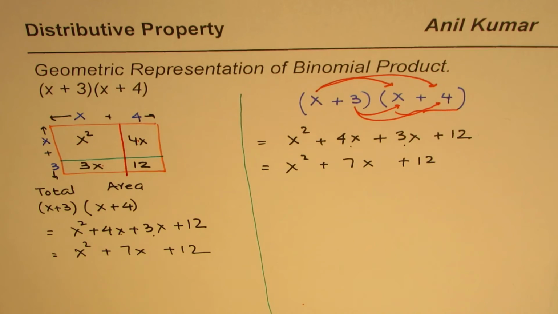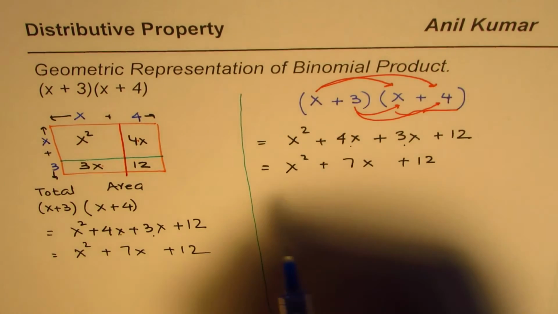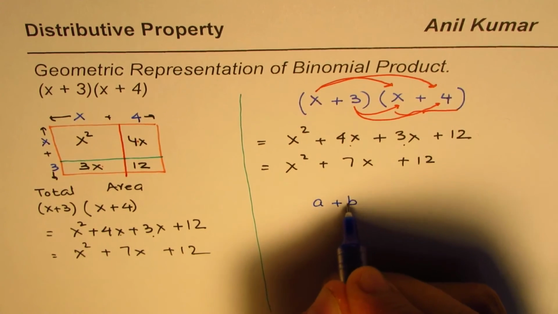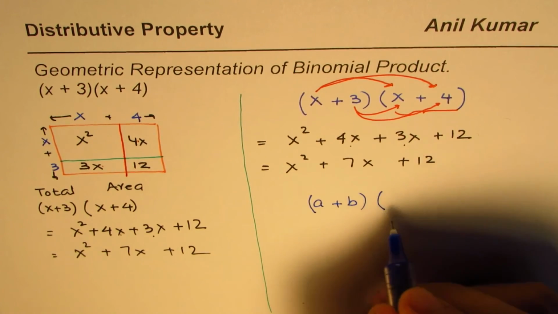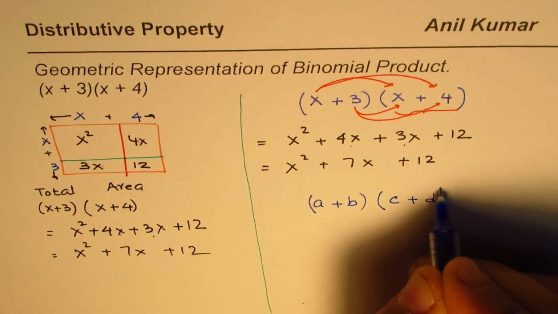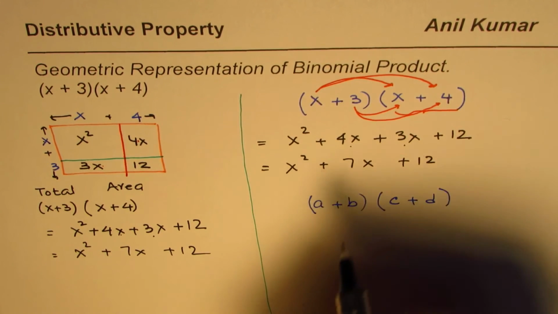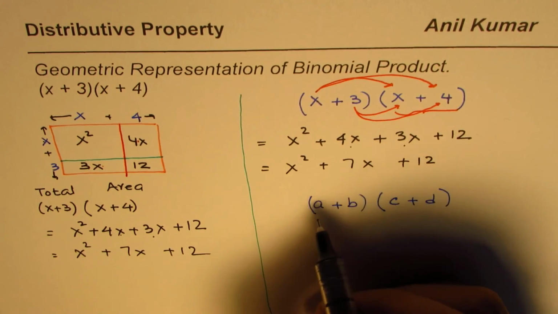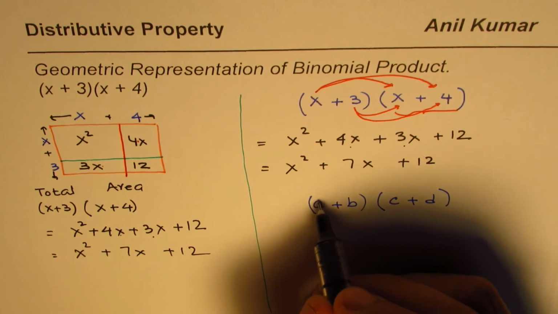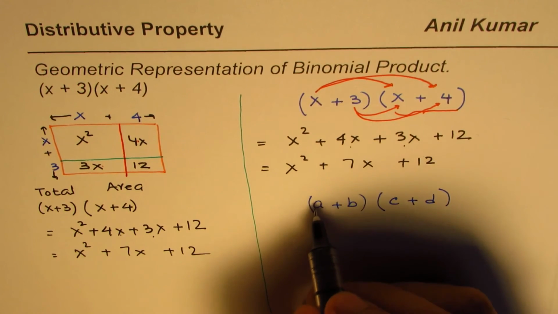In general, if I have a binomial, let us say a plus b times, let's say c plus d, then what happens? In that case, first you multiply the terms a and c, for example, right?